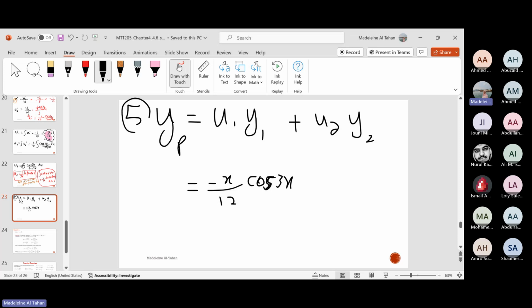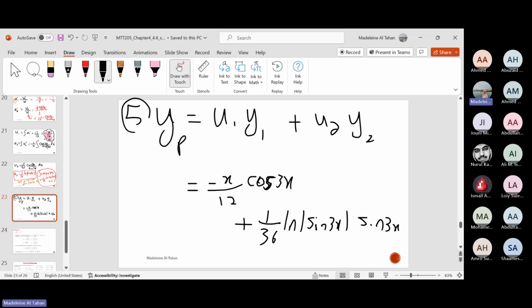Plus u2, which was 1/36 ln sine 3x, multiplied by sine 3x. So this is yp.